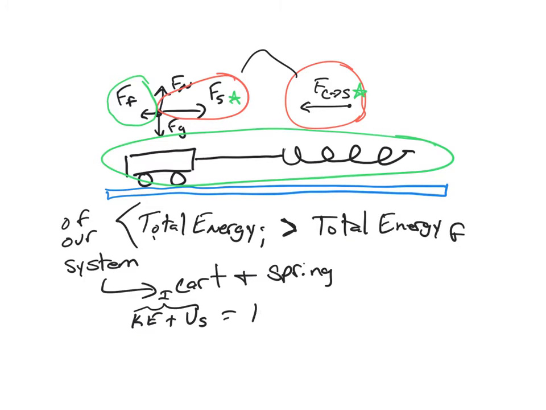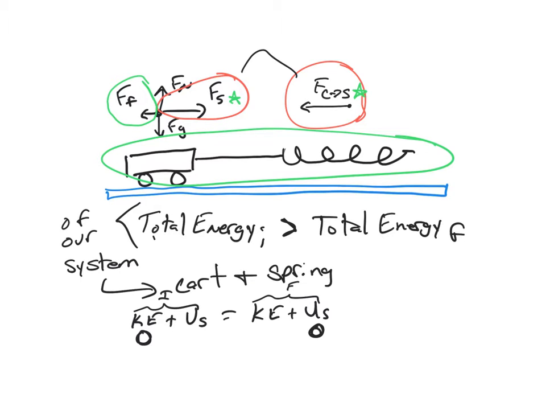And then our final should, theoretically, without friction, equal the same, KE plus Us, final. Initially, our kinetic energy is 0 because the cart isn't moving. In the final state, our potential energy should be 0 because the spring will have fully unstretched.